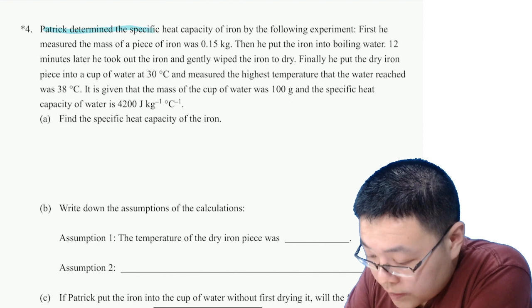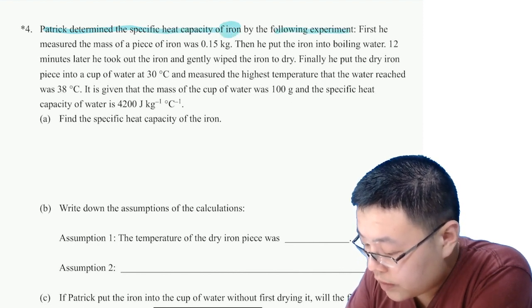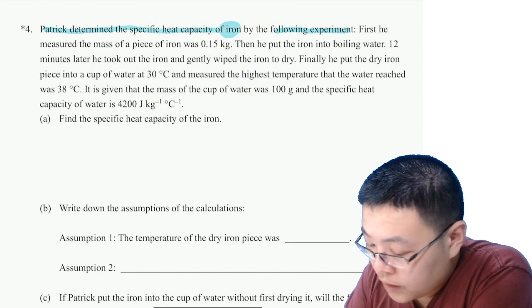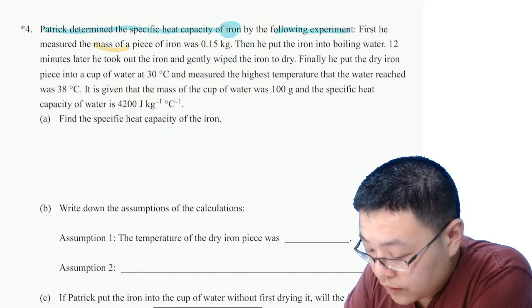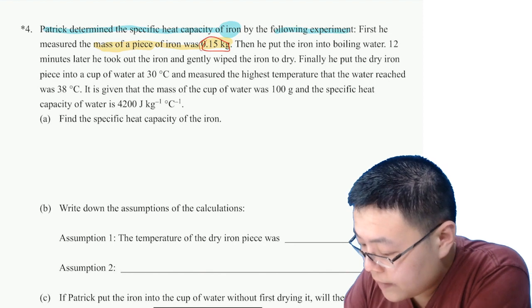Patrick determined the specific heat capacity of iron by the following experiment. What does he do? First, he measured the mass of the piece of iron was 0.15 kilogram.